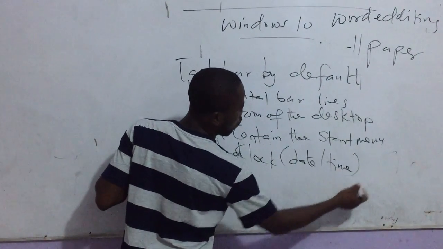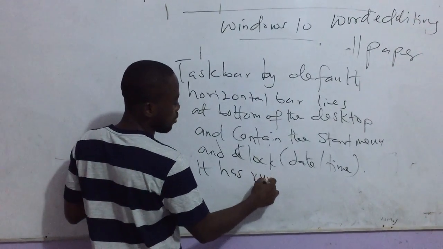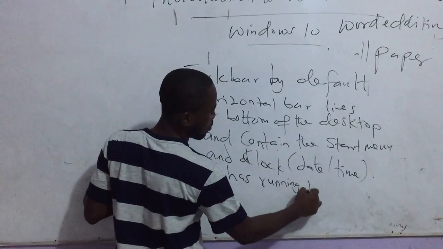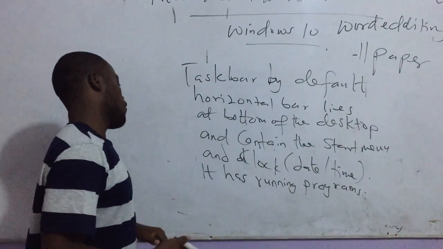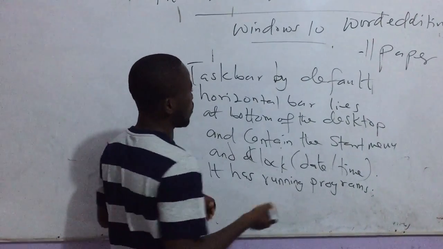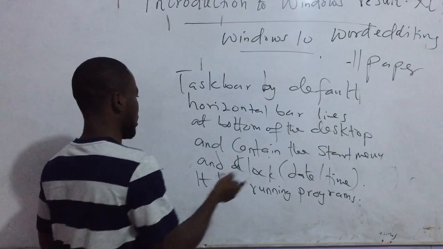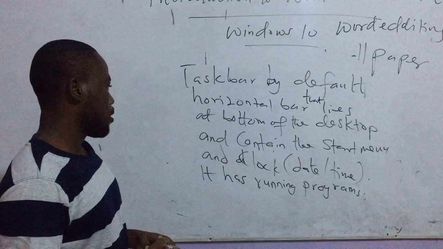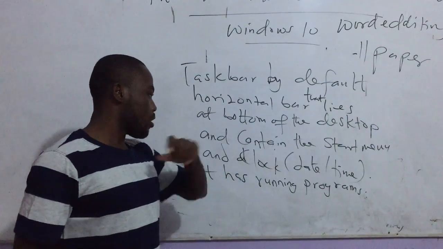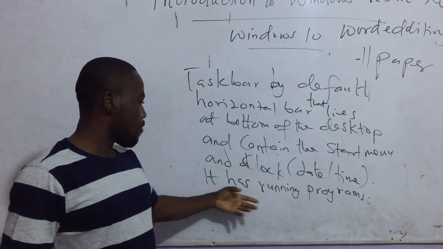It also contains running programs, or open programs. So the taskbar by default is a horizontal bar that lies at the bottom of the desktop and contains the start menu and what? The clock. These are the defaults; they are always there. And it also has what? Running programs.